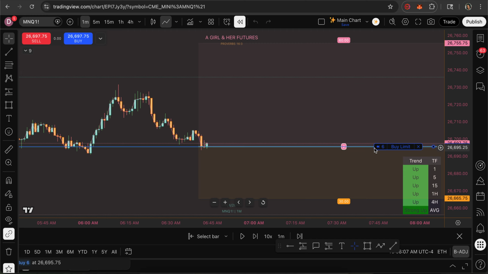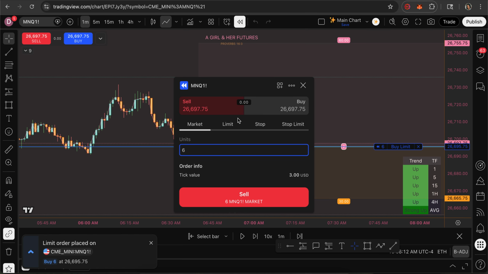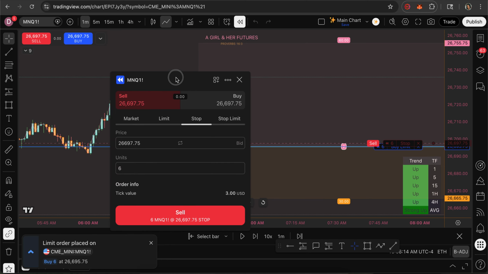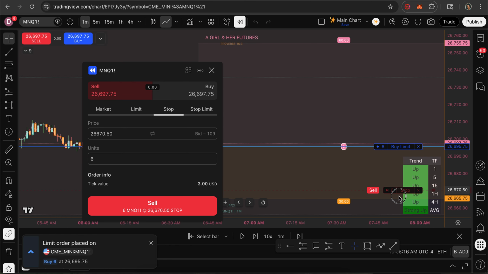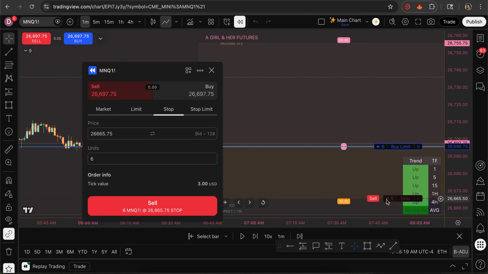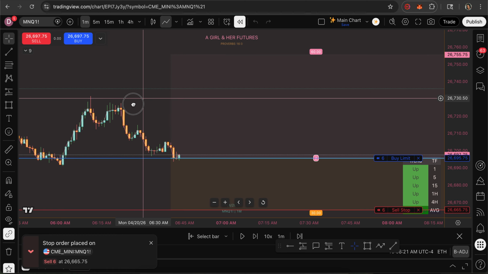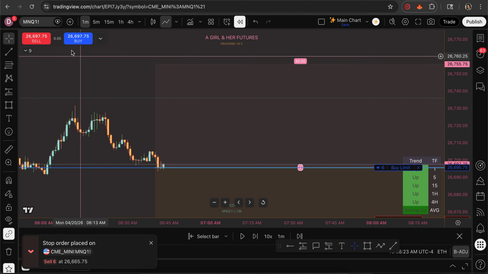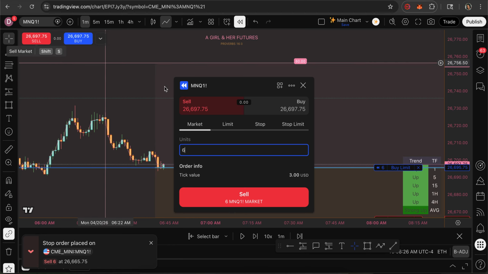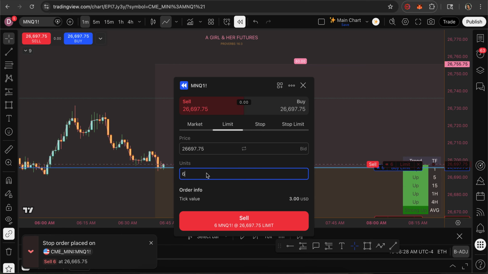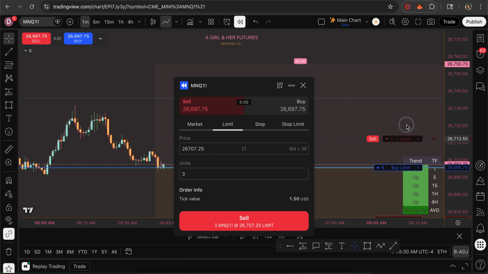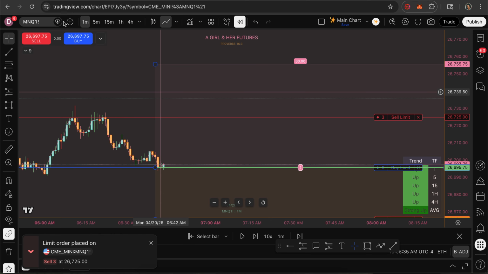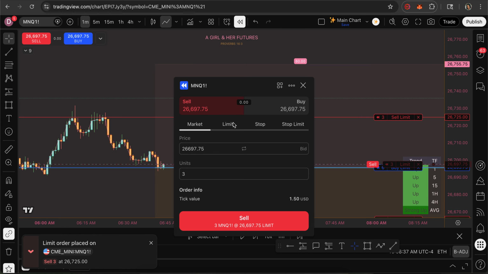So here's our limit order, right? And then, as we know, when we are bullish, we will have a sell stop, okay, at our stop loss area down here. And then for our 1-to-2, of course, we're going to take partial. So we're going to do a sell limit order, which is 3 contracts off at 1-to-1, and then 3 more contracts off at 1-to-2.